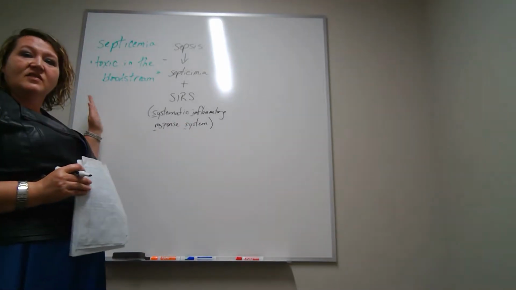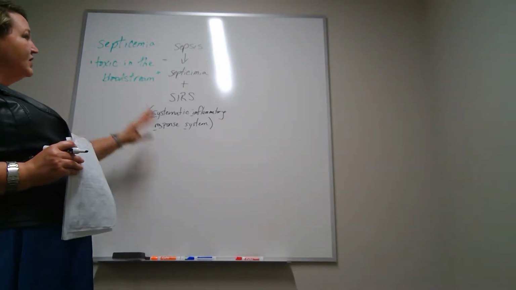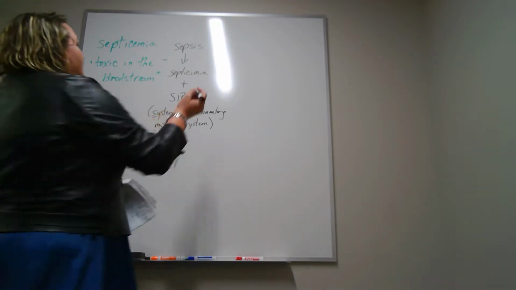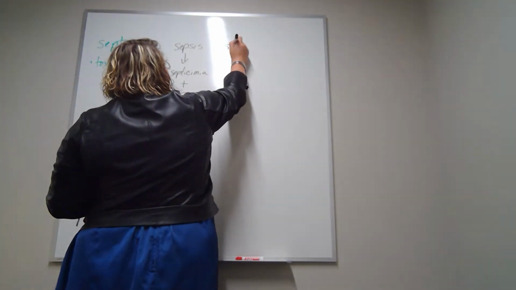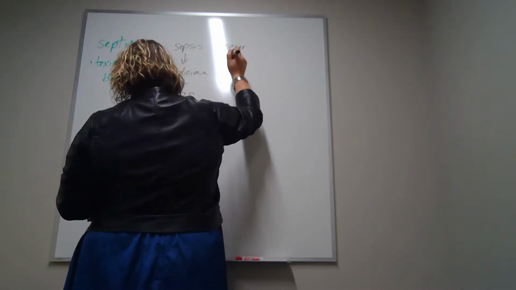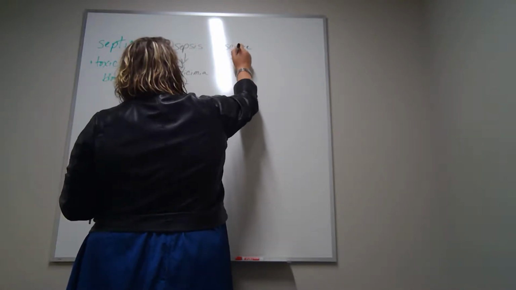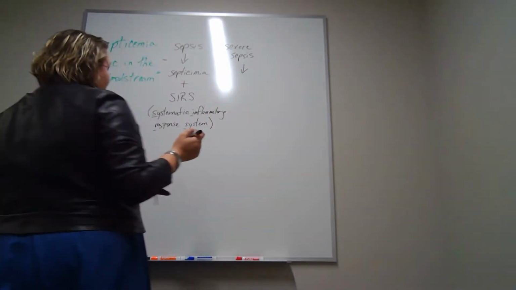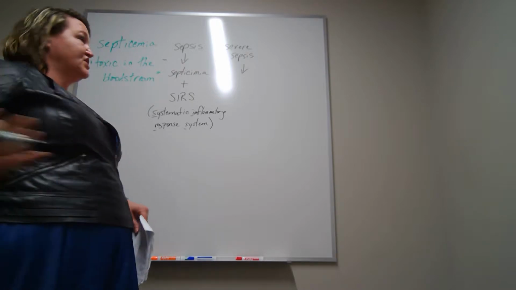So septicemia, toxins in the bloodstream. Then you go to sepsis, which is septicemia plus the systematic inflammatory response system. The next step is severe sepsis. Okay, and severe sepsis is sepsis plus organ dysfunction.